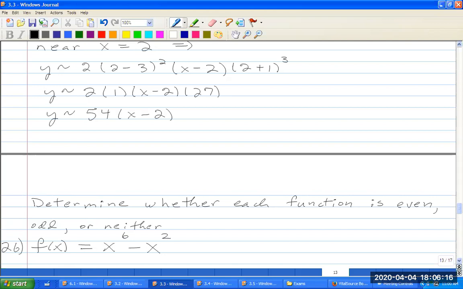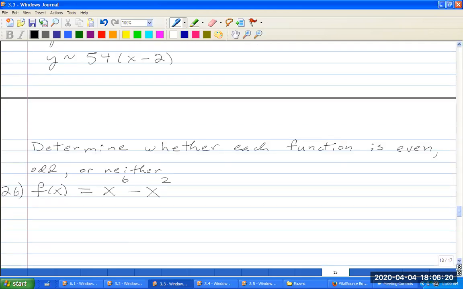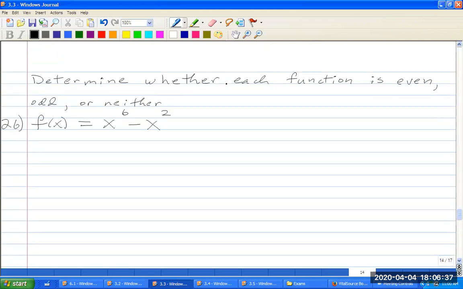And lastly, let's see what happens near negative 1. Oh, and I guess I should say this, near x equaling 2. And so near x equaling -1, we have, well, let's get a little bit more room here.